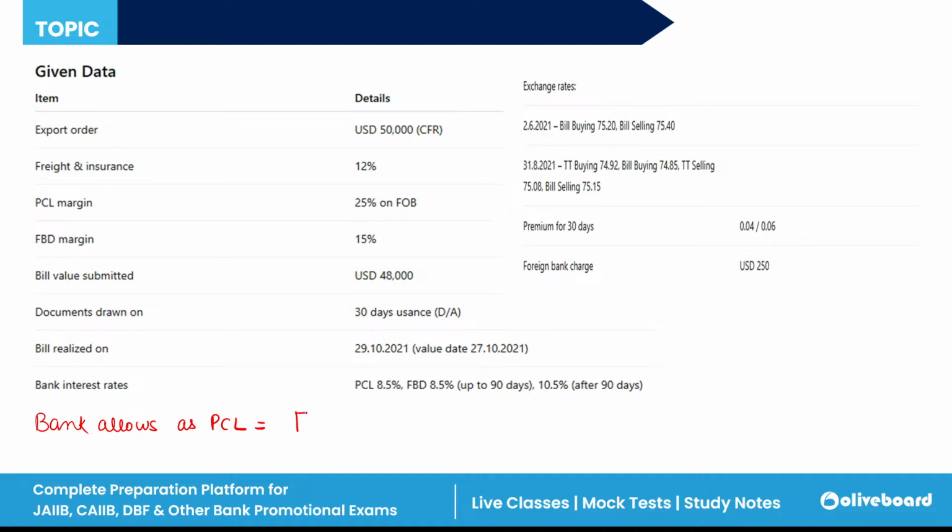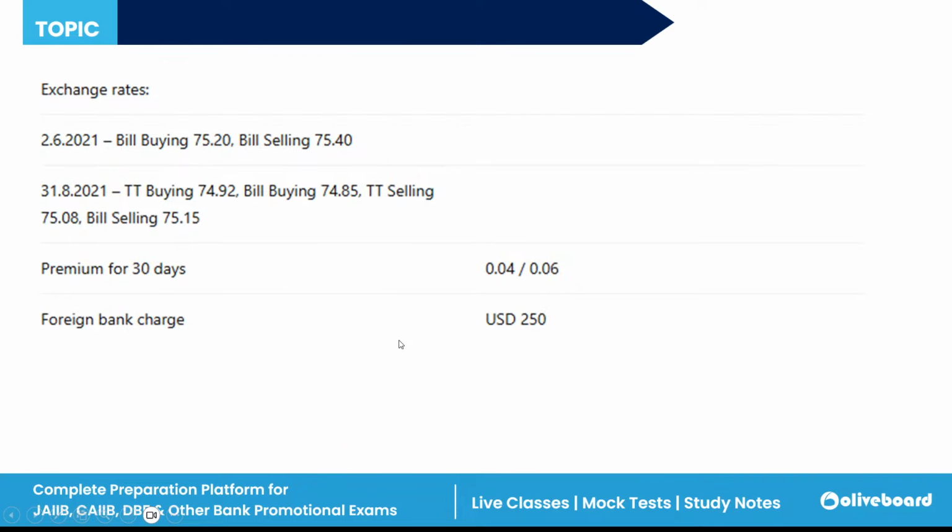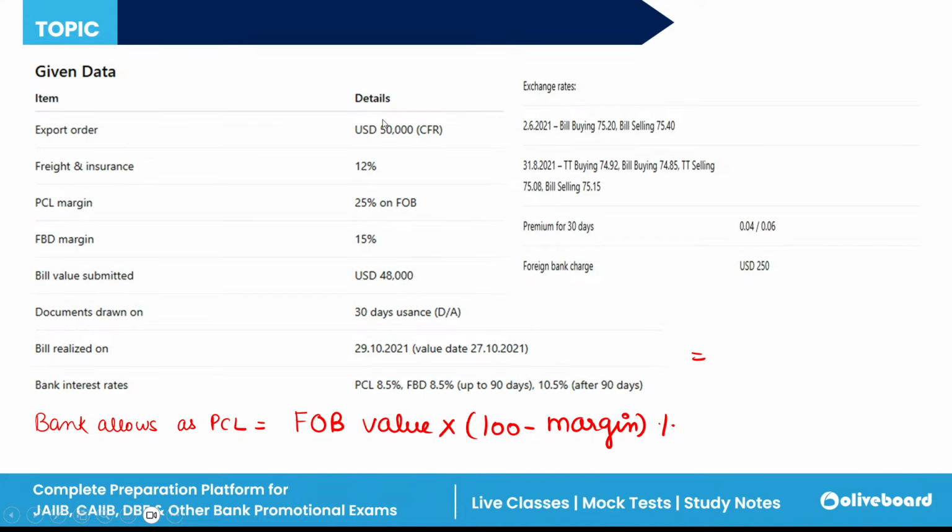We know that it is the free on board value, and subtract the margin percent. What is the order rate? 50,000. So from that 50,000 subtract the margin, which is 12%.